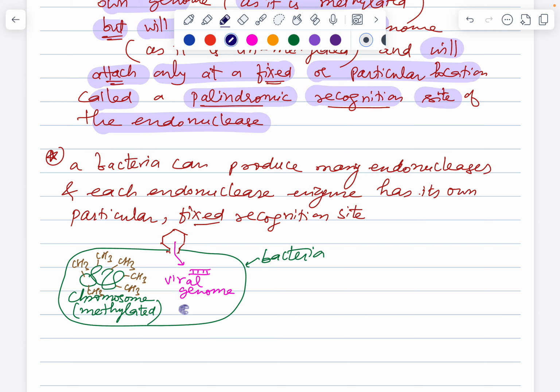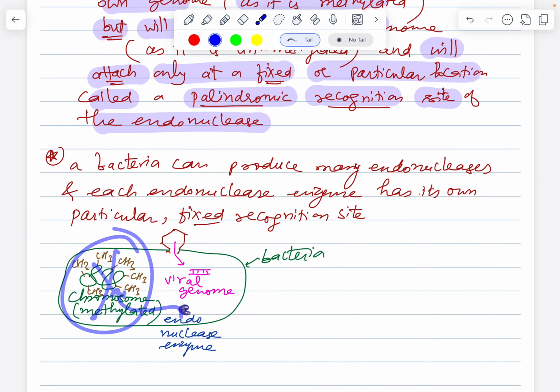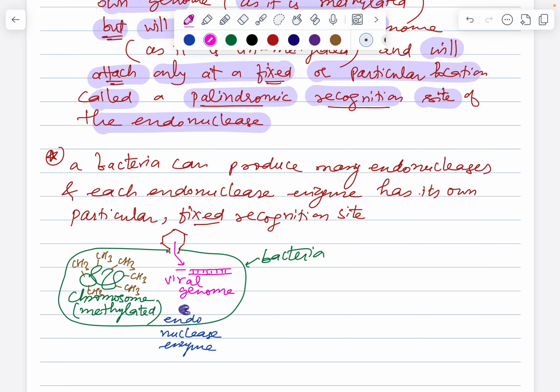This here is an enzyme produced by the bacteria. What type of enzyme is it? Endonuclease. The endonuclease enzyme does not attach over here because it is methylated. What is the only target of the endonuclease? Viral genome. So the endonuclease is supposed to attach to what?